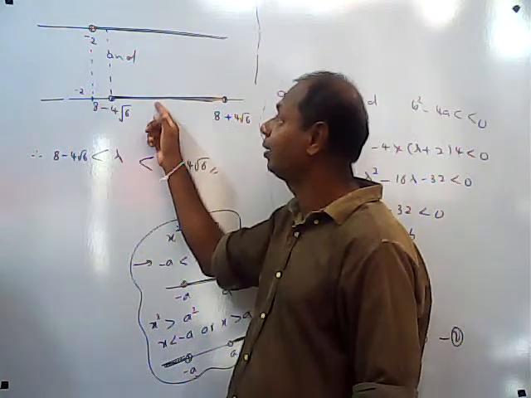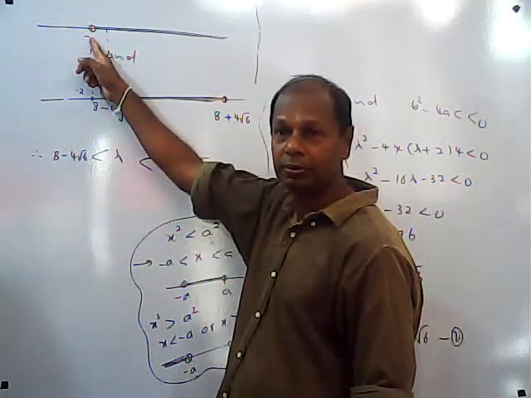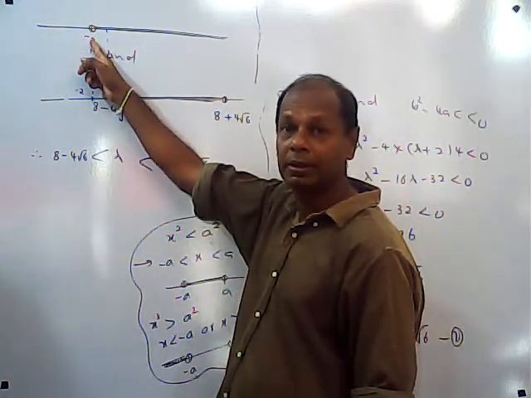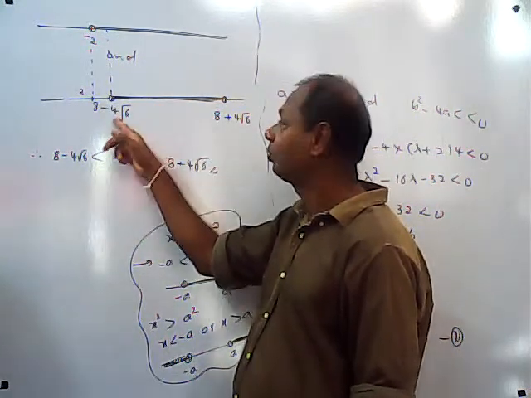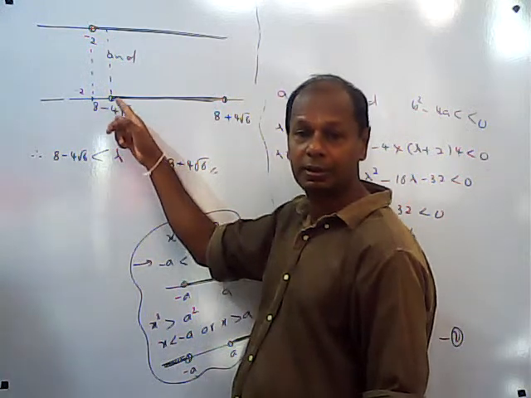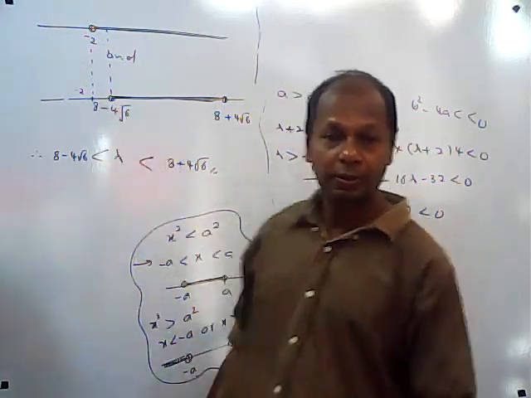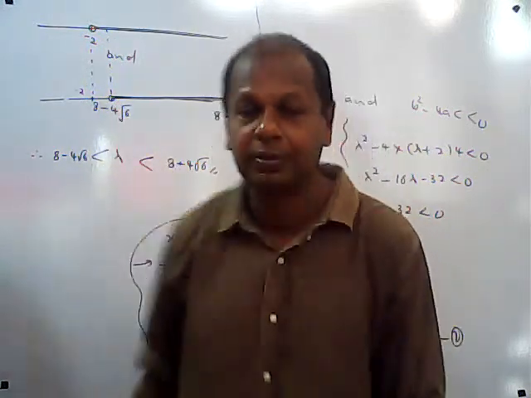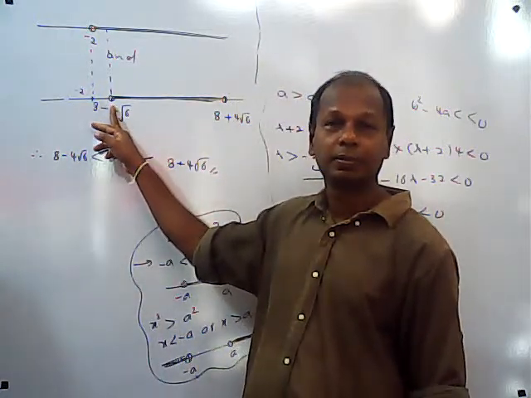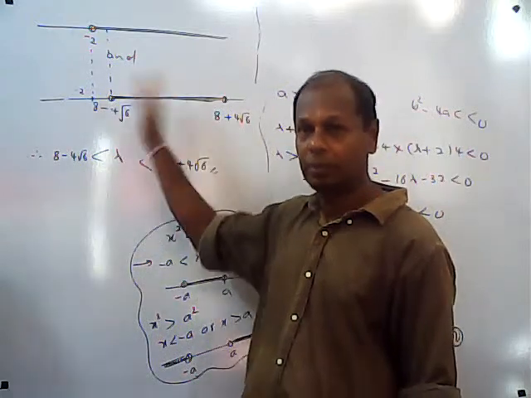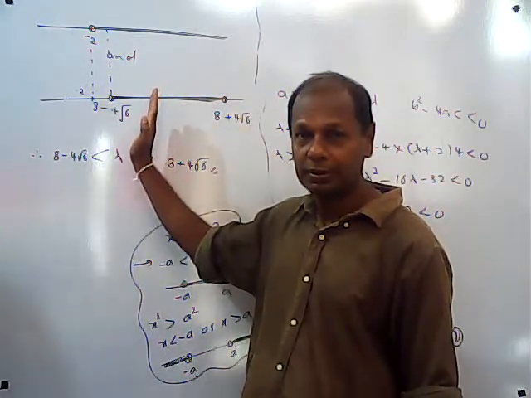To satisfy both, you can't take lambda greater than minus 2. Lambda has to be greater than 8 minus 4 root 6, which, as somebody said, is around minus 1.76. This is to the right of minus 2. That's the reason.